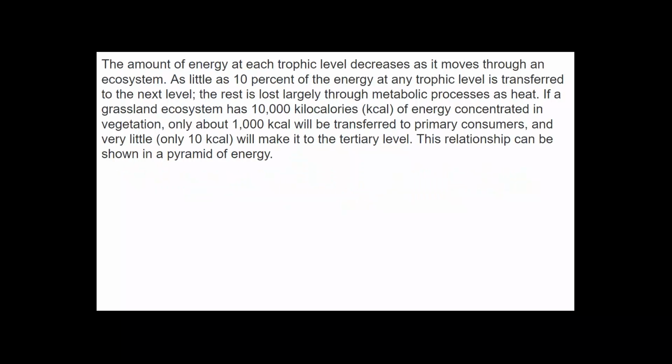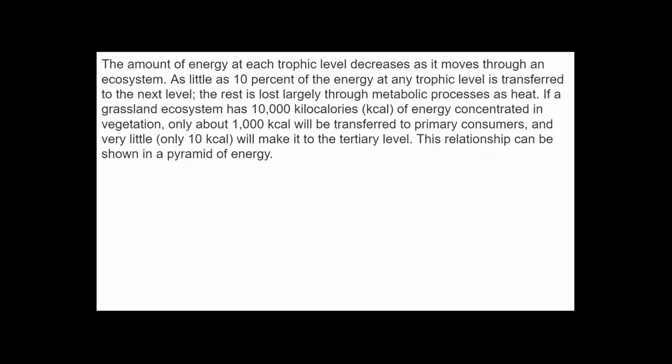So the length of the rectangle represents the energy available. It's got to be quantitative. The amount of energy at each trophic level decreases as it moves through an ecosystem.